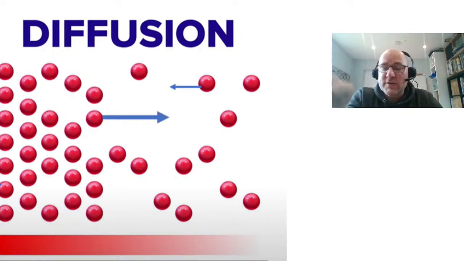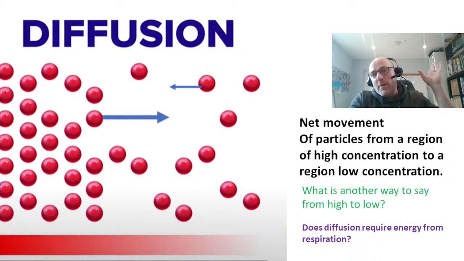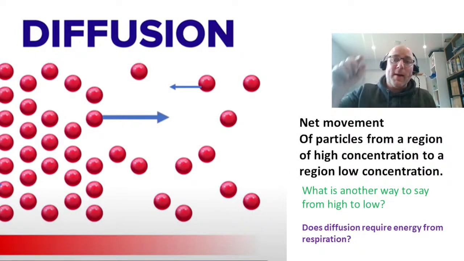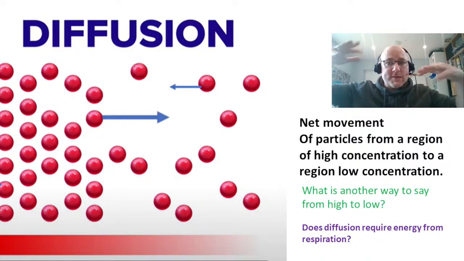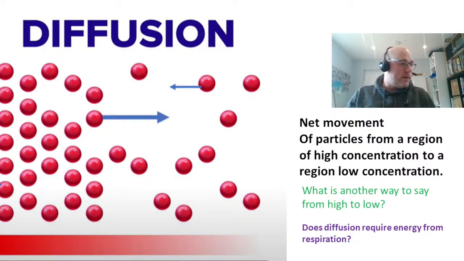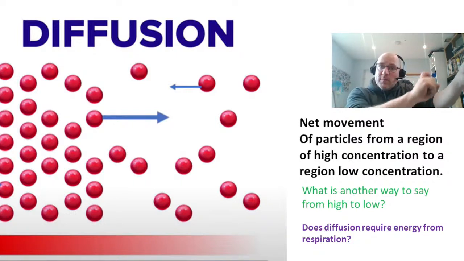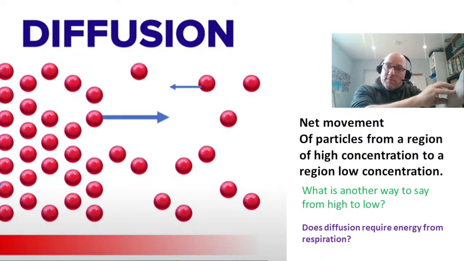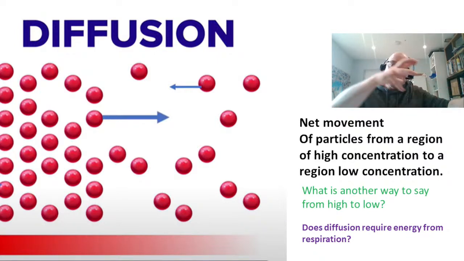Right, diffusion. You need to know the definition of diffusion, guys. You should all know it by now. The one thing that you probably need to be reminded about is to say net movement, which means overall movement. Particles move in both directions. So if you spray some perfume on, some of the perfume moves towards your arm where you just sprayed it, but most of it moves towards a low concentration, so moves away.